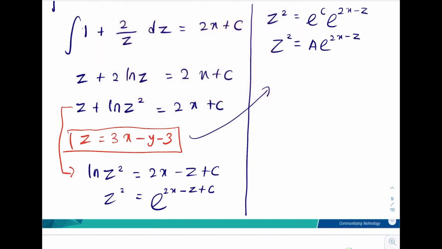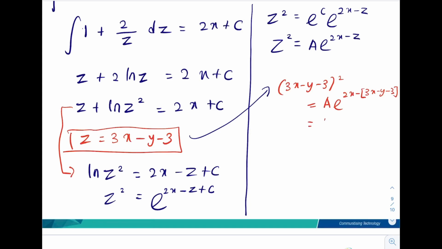I use red color. 3x minus y minus 3 squared equals to A. I don't have enough space, so I will put down here A exponent 2x minus 3x minus y minus 3.